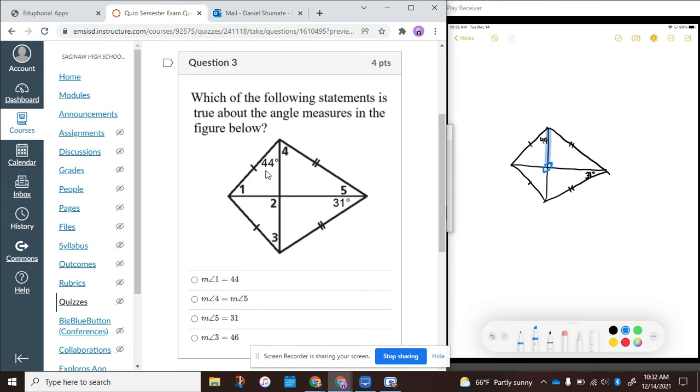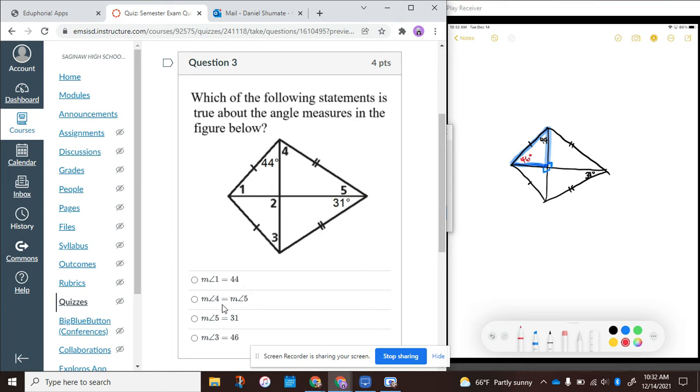What I'm outlining in blue would be a right triangle, would it not? That would be a right triangle. And so we've got one corner that's 90 degrees, one corner that's 44 degrees. If the sum of every triangle is always 180, that means this one right here must be 46 degrees. And when I look at answer choice number 1, measure of angle 1 is 44. Well, that's not going to work, is it? That one's not going to fly.